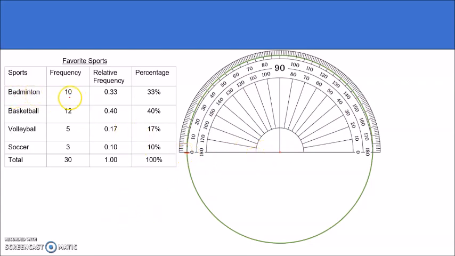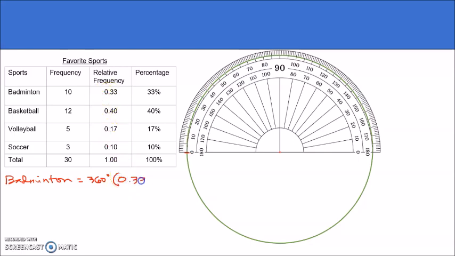Okay, so yung badminton naman, it's 10. Frequency niya ay 10. So, the relative frequency is 0.33. So, gaano kalaki dito sa part ng circle ang para sa badminton? So, we compute for the size of the sector for badminton. We have, multiply natin yung 360 degrees by the relative frequency.